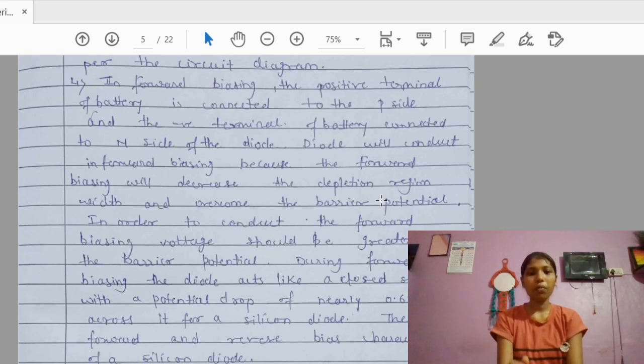In order to conduct, the forward biasing voltage should be greater than the barrier potential. During forward biasing, the diode acts like a closed switch with a potential drop of nearly 0.6 volts for a silicon diode, and this shows the forward and reverse bias characteristic of a silicon diode.